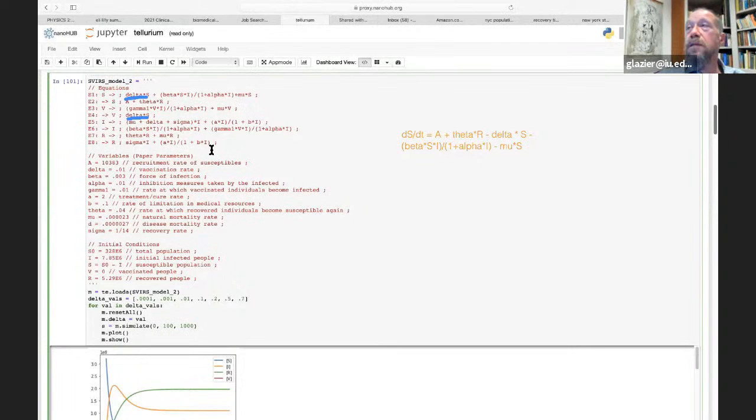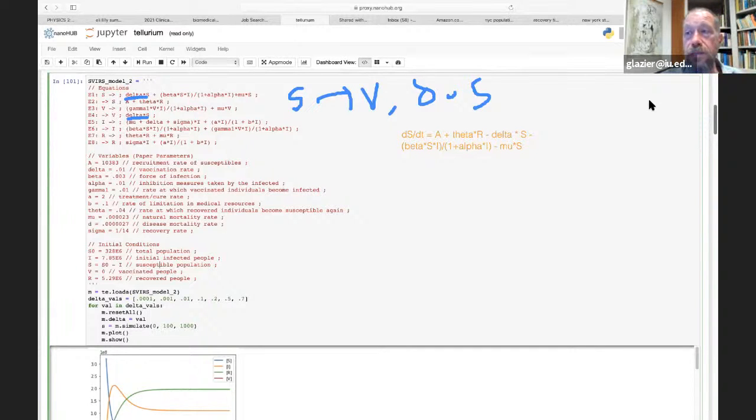So that's a balance, but you might write that instead as S goes to V; delta times S. And that would get both of those terms. What you've written isn't wrong, but it makes it a little bit harder to understand maybe in this context. And so it's possible that when you converted it, there was a sign error or something like that in one term. It's easy to make those mistakes.